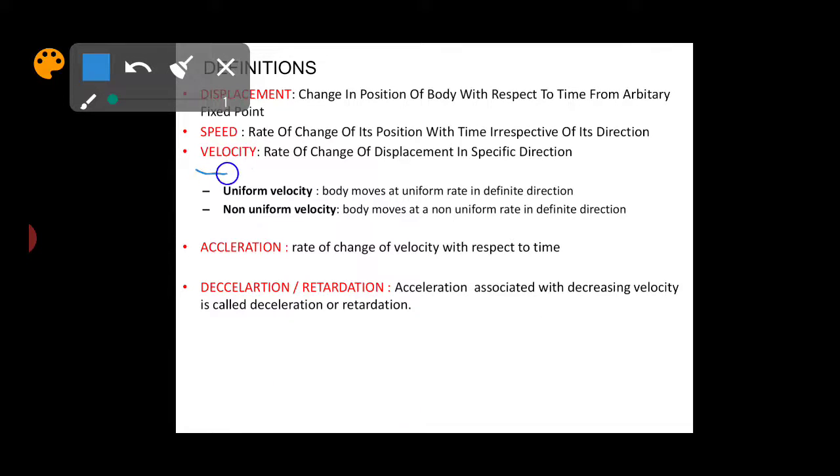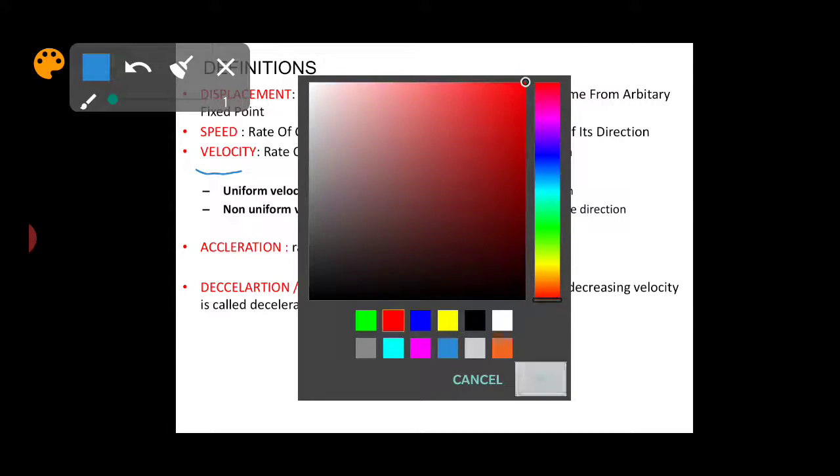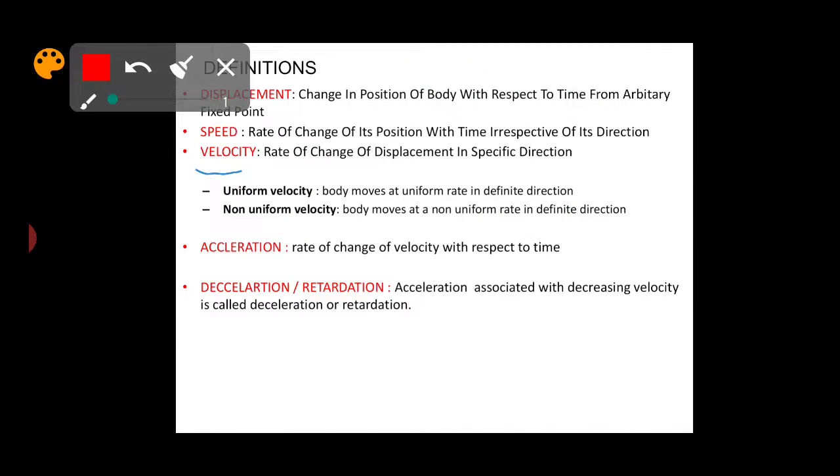Okay, moving on to next, velocity. So velocity is defined as rate of change of displacement in specific direction. So velocity is thus a vector quantity. So here we have uniform velocity and non-uniform velocity.